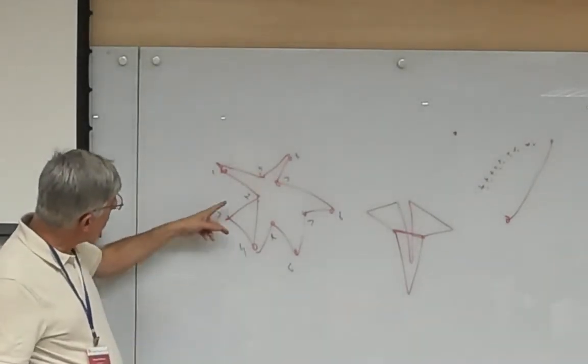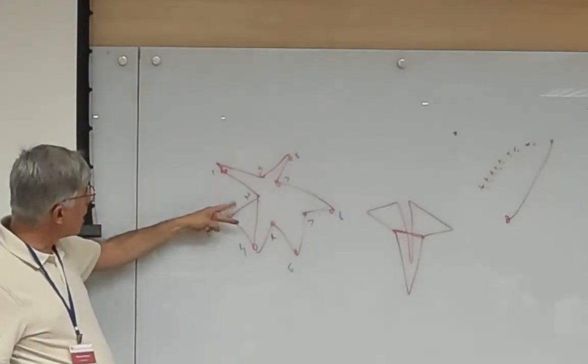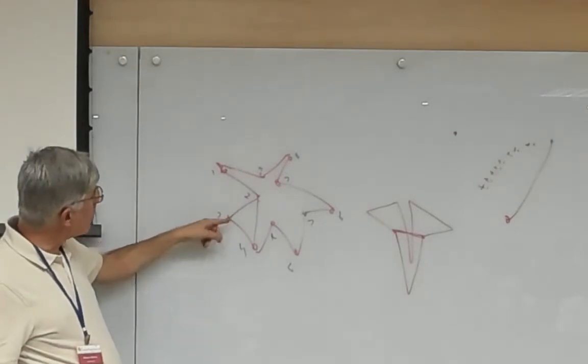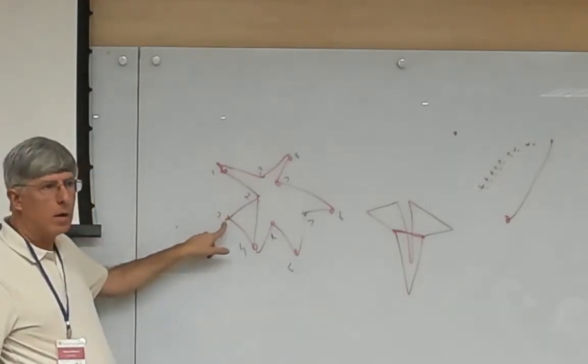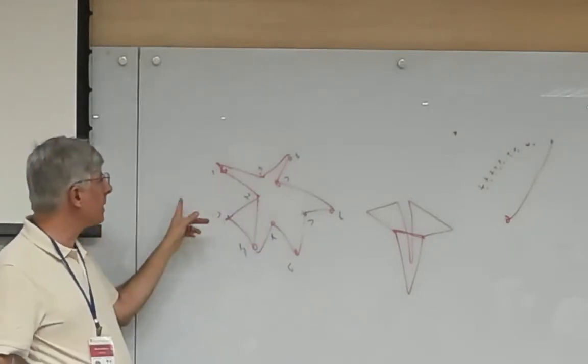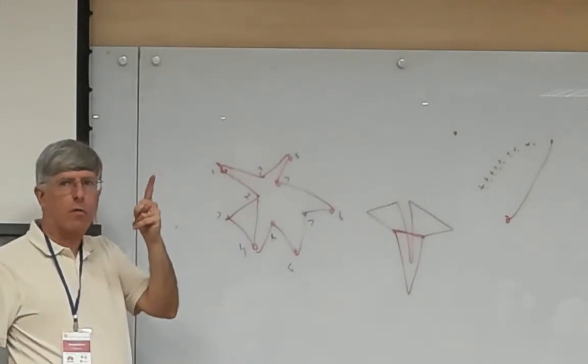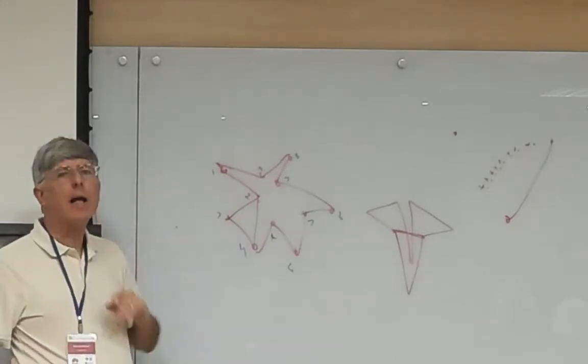If this angle over here is less than 180 degrees, that's going to handle the case that the chord is completely outside the angle. So if I look at this angle and it's greater than 180 degrees, I can't add that chord.